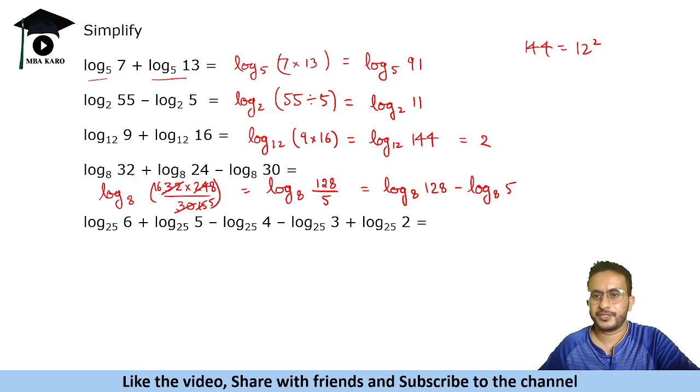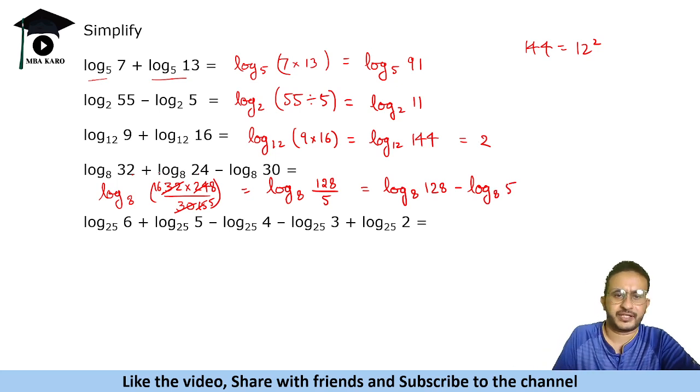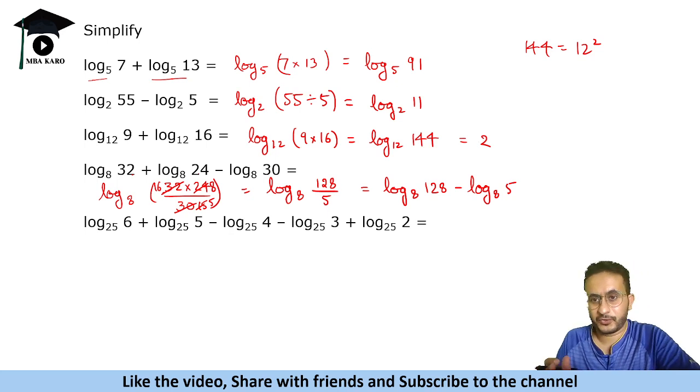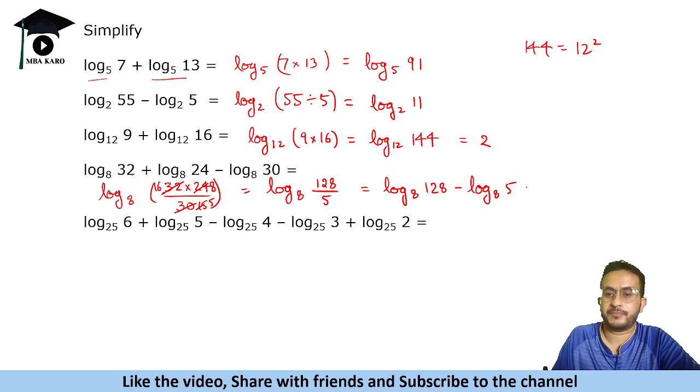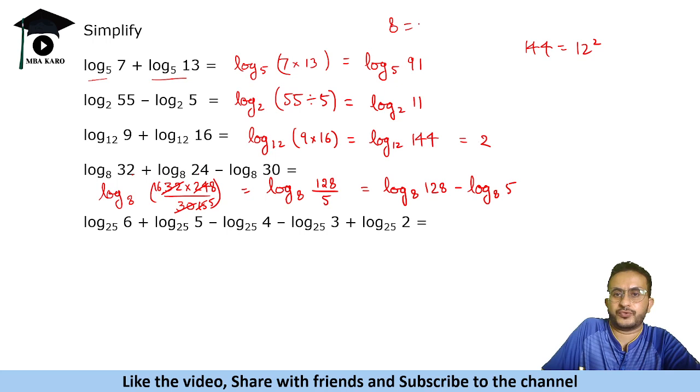Now at times you might not be given such a choice. If we do this calculation, we get this value log 8 128 by 5. Now the options may not look like this, so you can further simplify it. How? If you remember in the previous video, I talked about some powers, like 8 is 2 to the power 3 and 128 is 2 to the power 7.